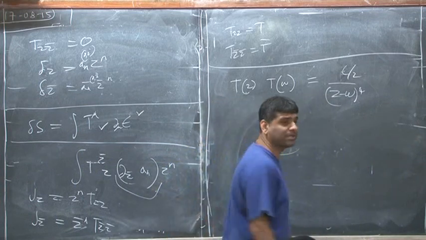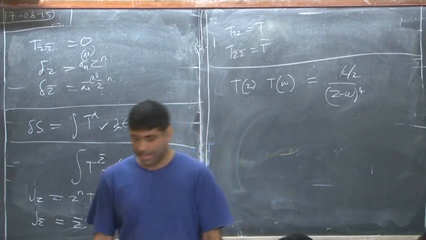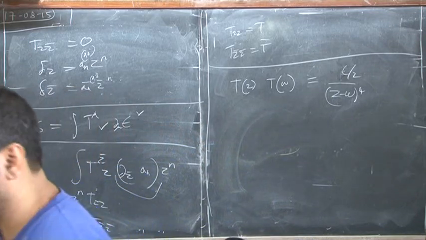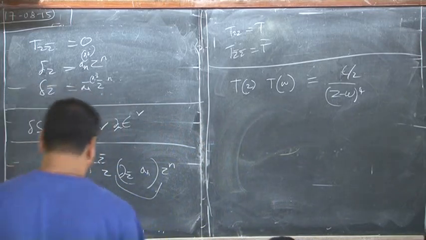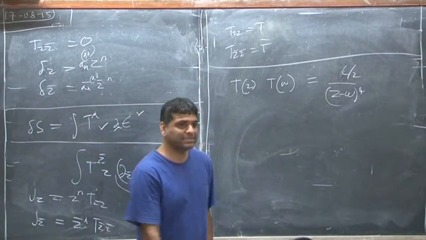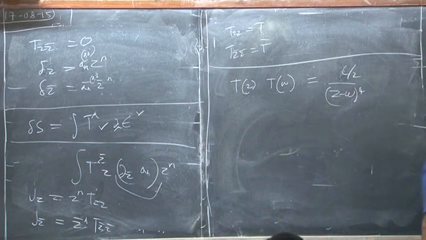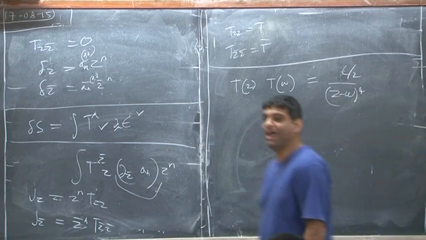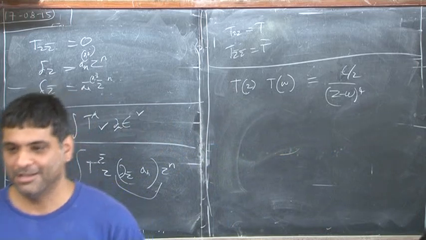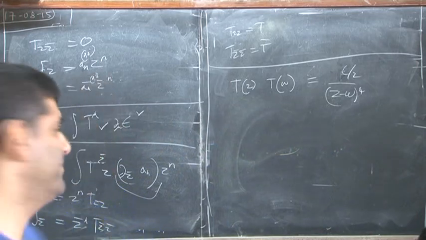Now, what about singularities of the form 1 over z minus w the whole thing cubed? Okay? Some singularities are not allowed from symmetry.